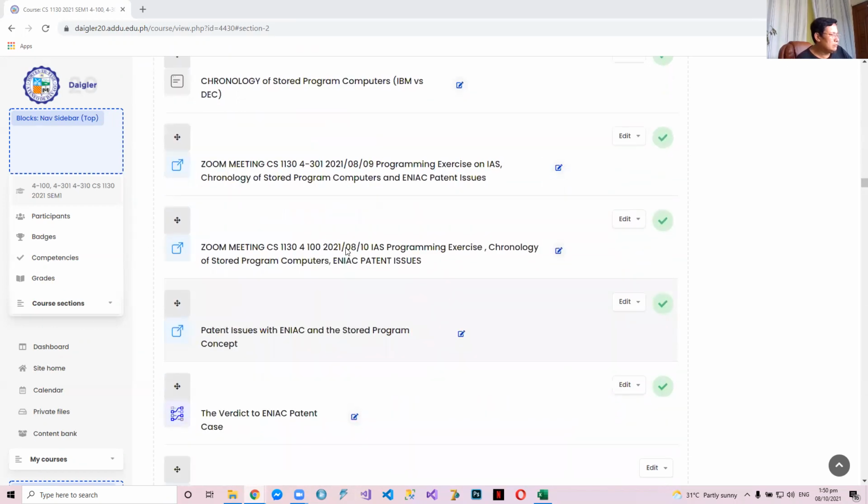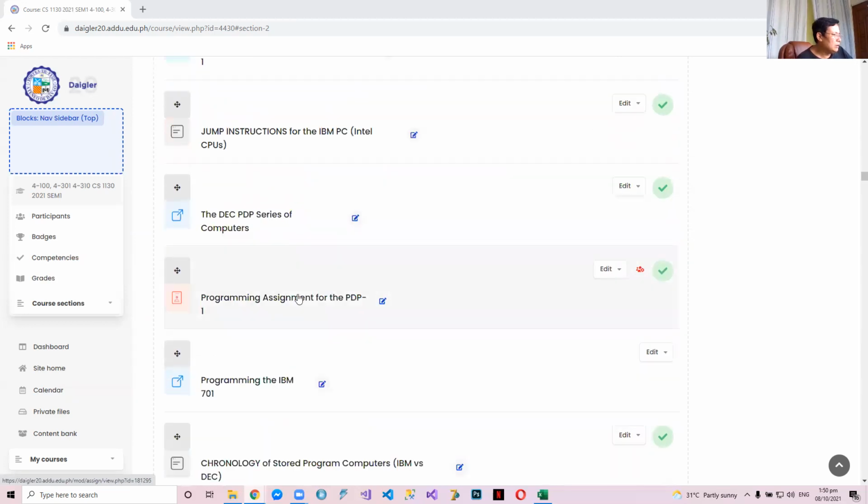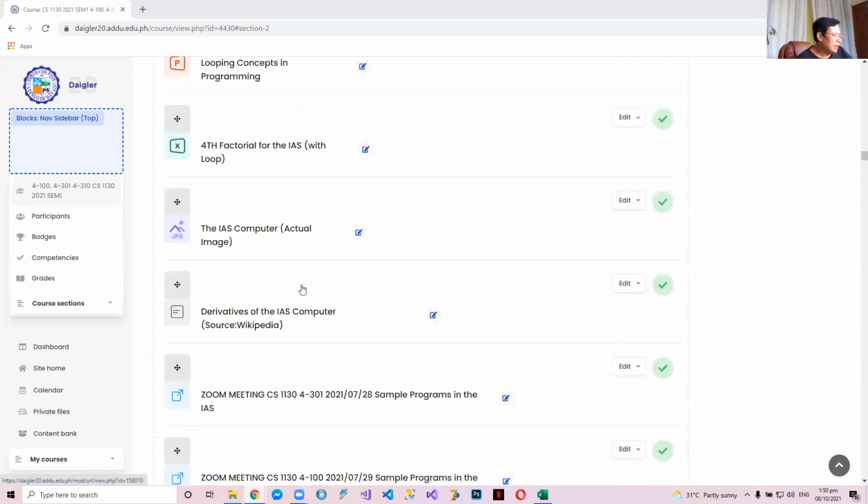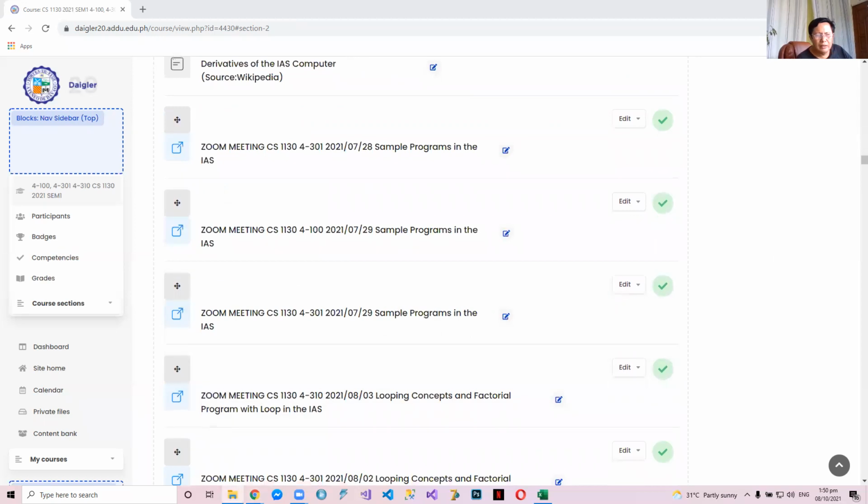The IAS programming exercise on... was that? Let me check. Anyway, it's in my file, no? Let me check.